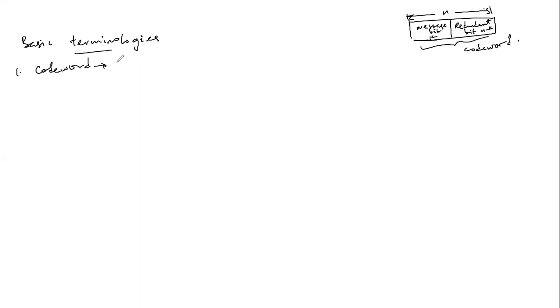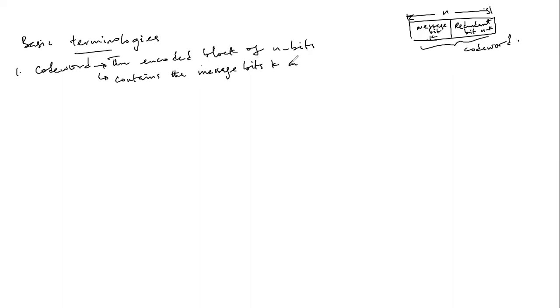The code word is the encoded block of n bits, so it contains the message bits and redundant bits, or better still, parity bits, n minus k.